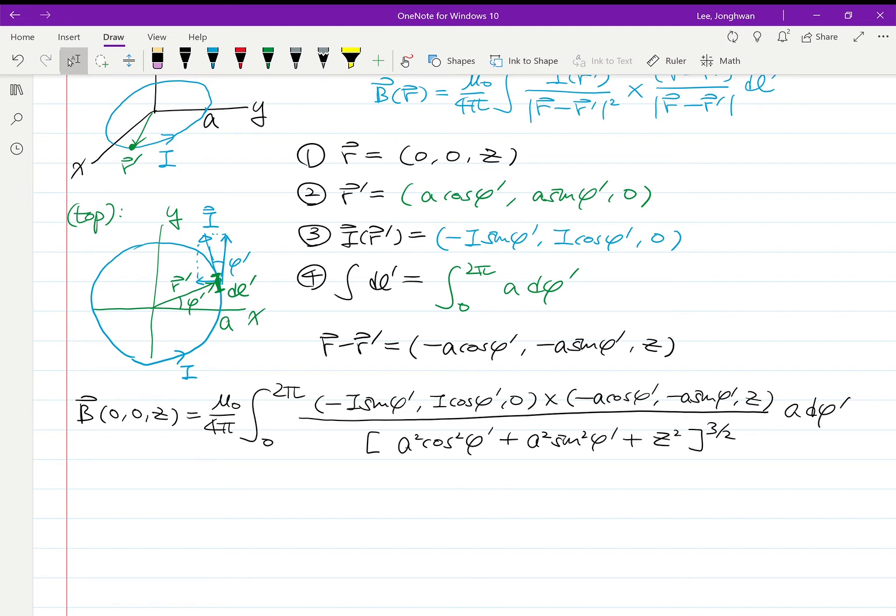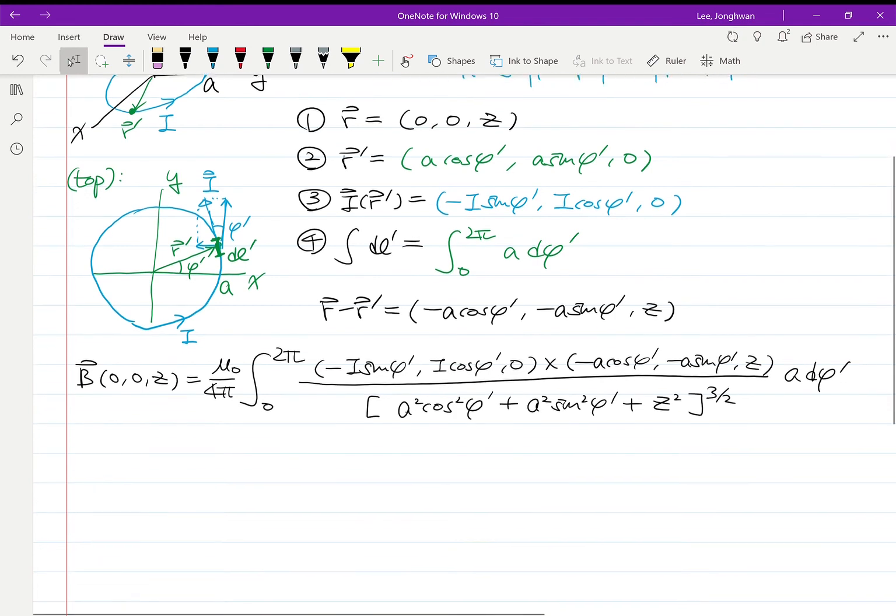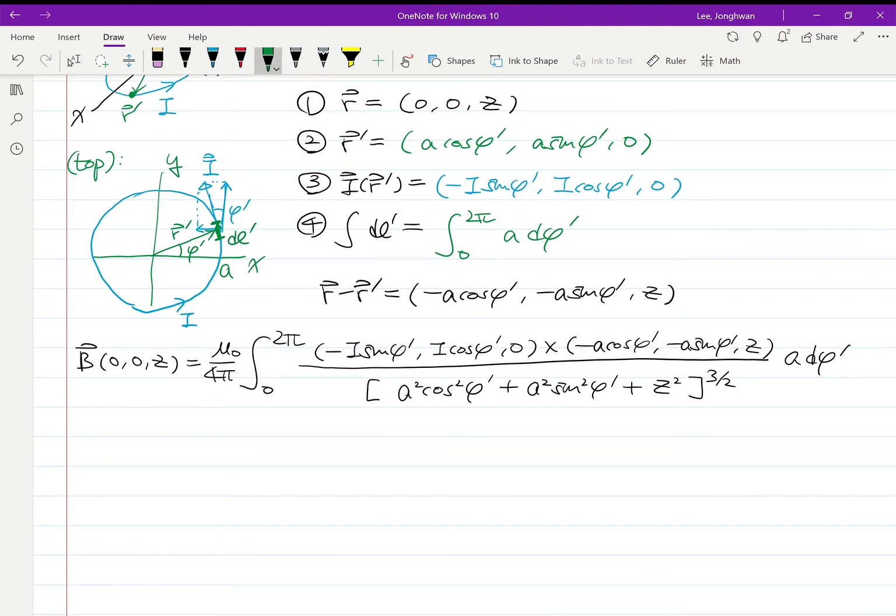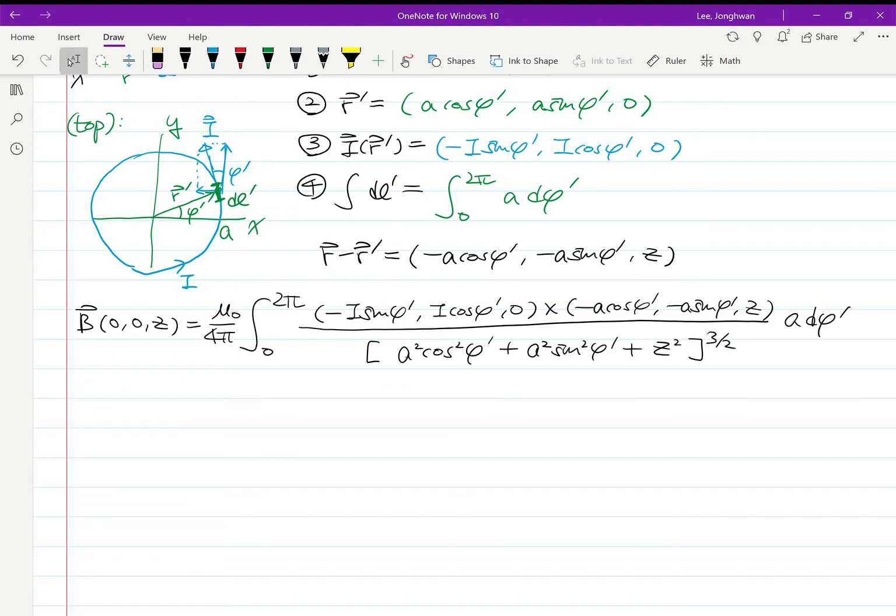So let's take a look at the cross product first. If you want to find the cross product of A and B, you can use the determinant of the 3x3 matrix. This is the vector I at r prime, and we can write down r minus r prime here.